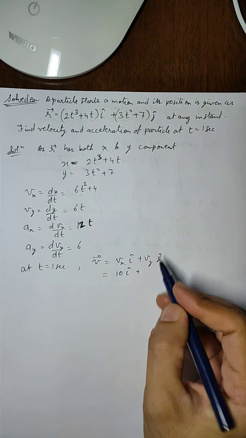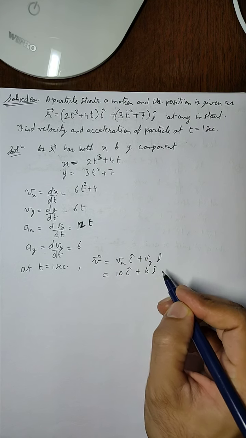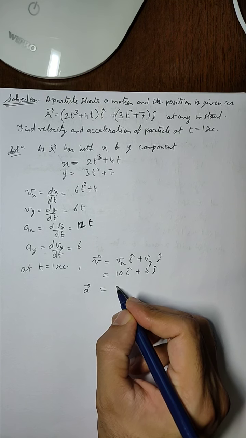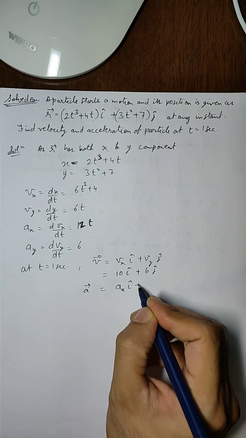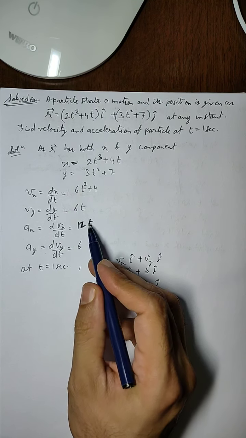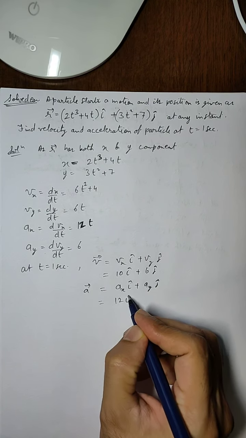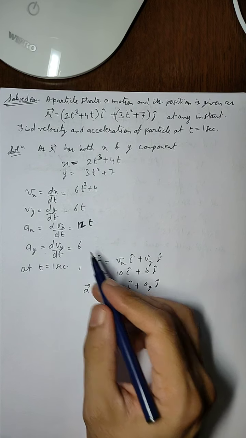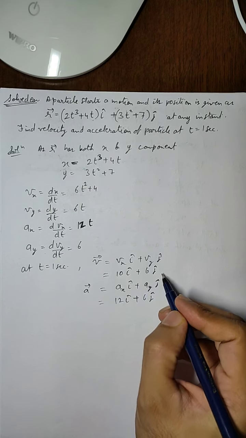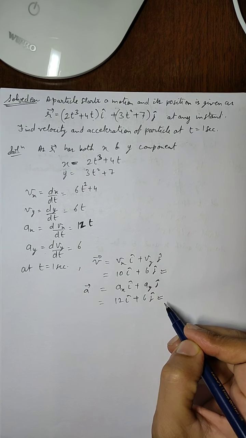The y component is 6, so we can write 6 j cap. Similarly, acceleration can be written as ax i cap plus ay j cap. And if we put t equals 1 second here, it will be 12 i cap, and 6 will remain as it is, 6 j cap.